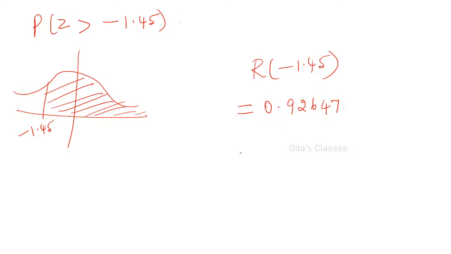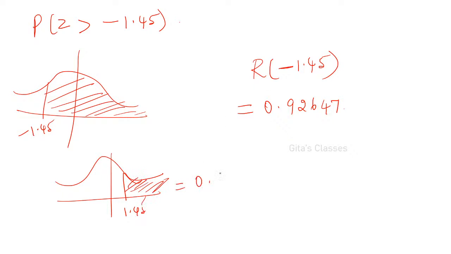It should be minus, Shivakumar. Don't forget this minus. From 1.45, it should be like this. This point, 0.73529, is this area, but I want this area. Minus means the left hand side.